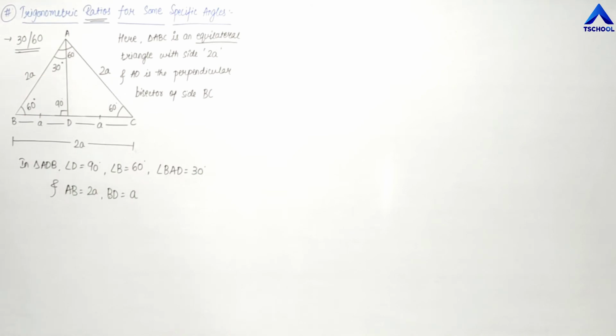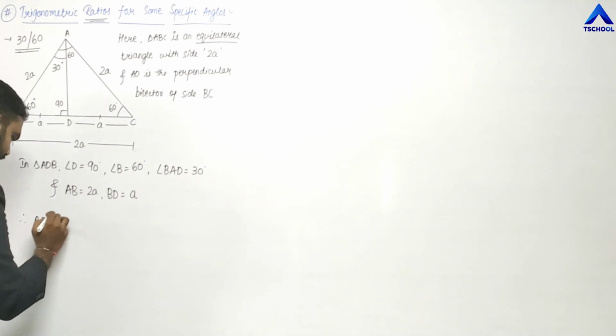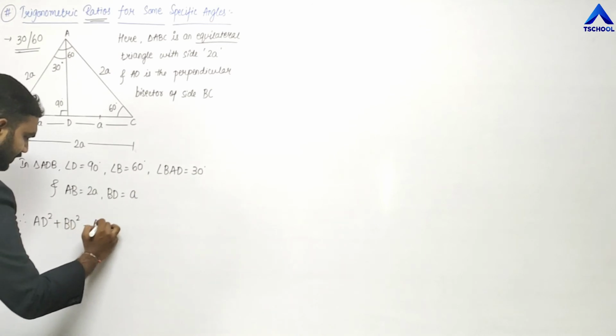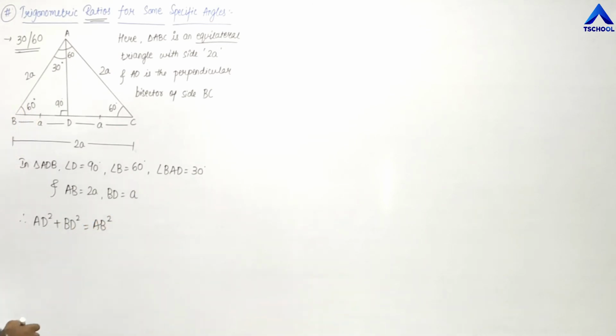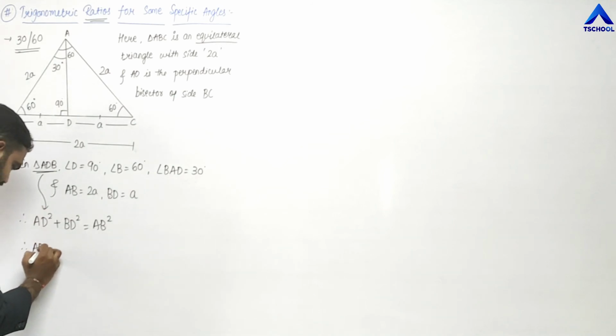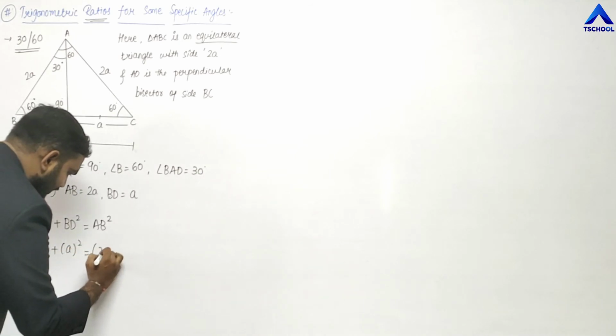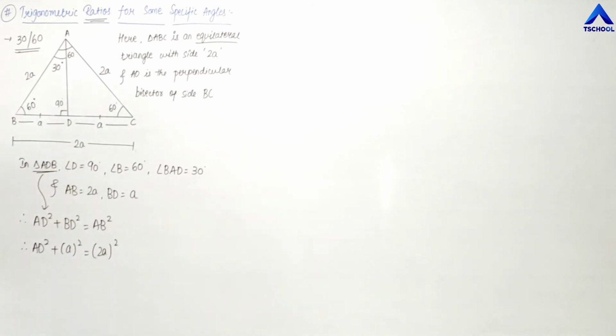Right, so we can apply the Pythagoras theorem now. Therefore AD square plus BD square is equal to AB square. In this triangle, in triangle ADB, we can apply the Pythagoras theorem, right? Therefore we are not having AD, so AD square plus A square is equal to 2A square.